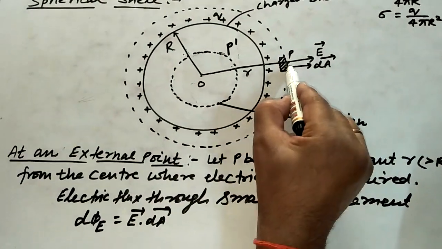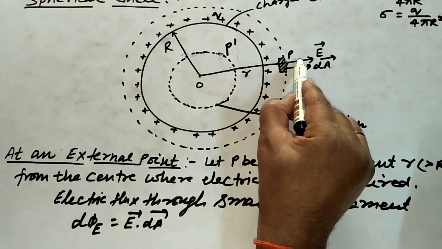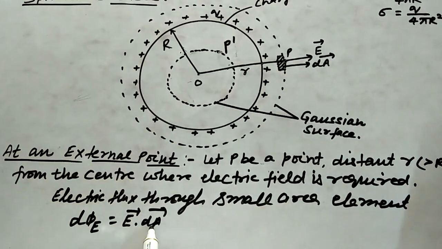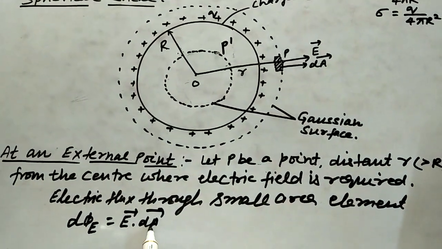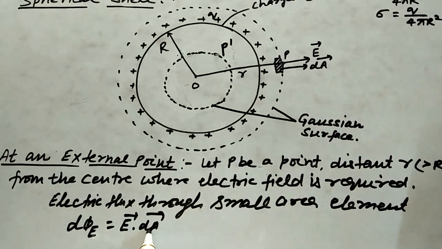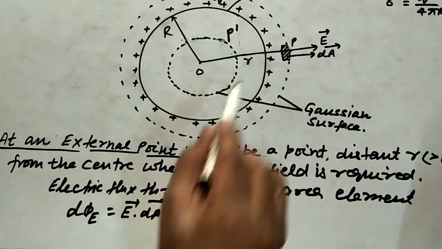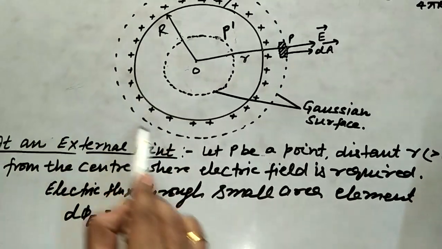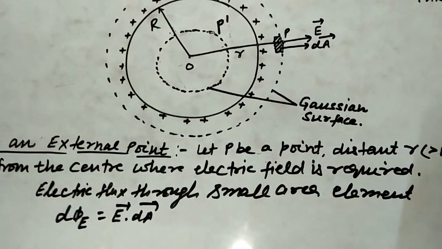Here the electric field and area vector are both parallel, so the angle between them is 0 degree. For finding the electric flux through the entire Gaussian surface, we will integrate it.